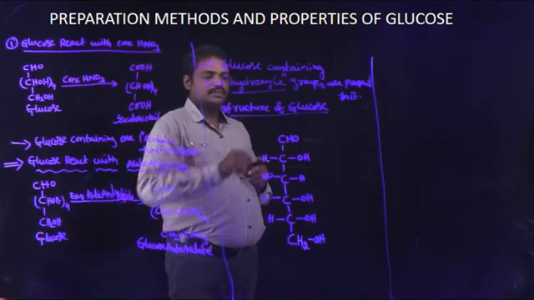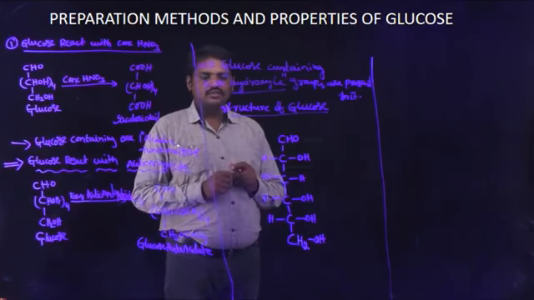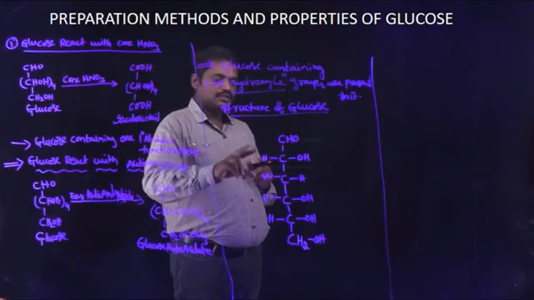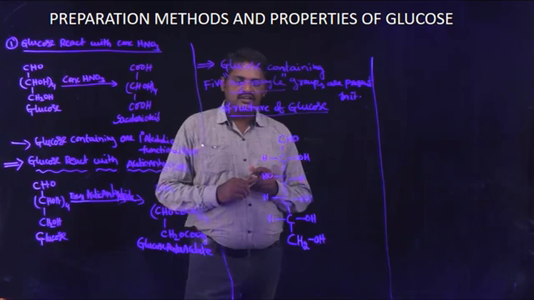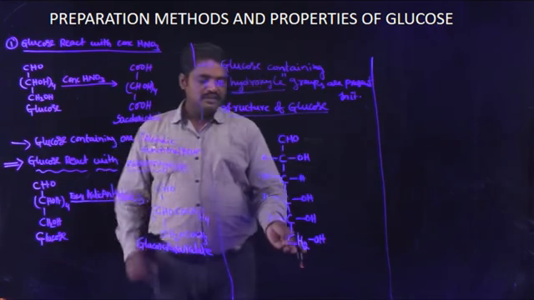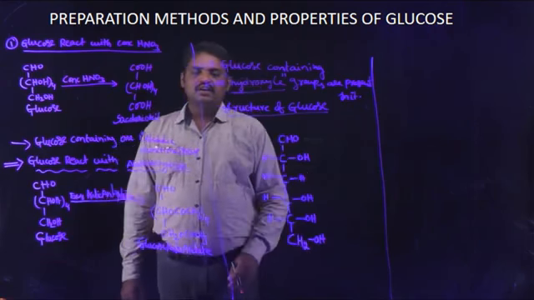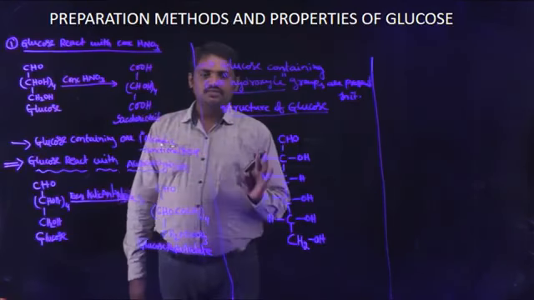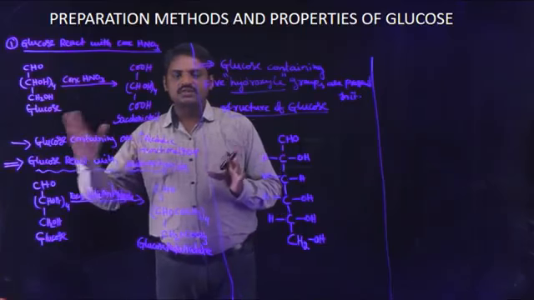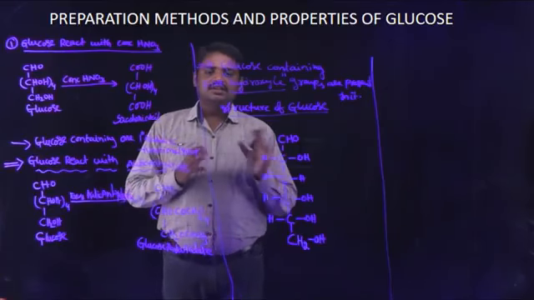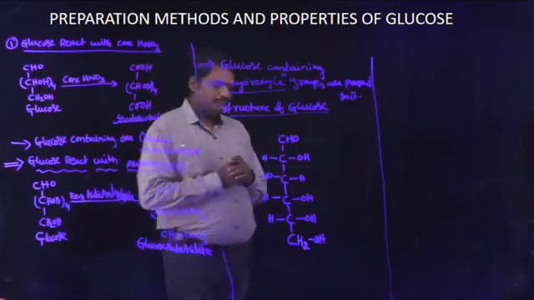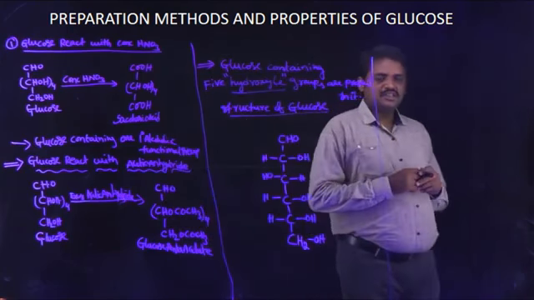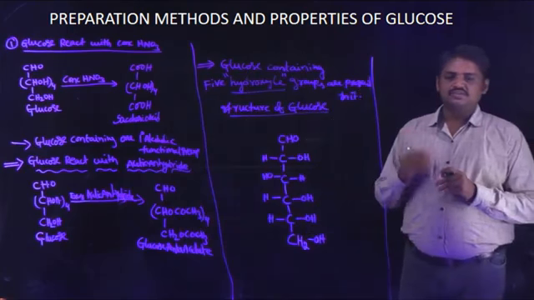The first carbon forms the aldehyde group, 4 carbons are connected to secondary alcoholic groups, and the last carbon is a primary alcoholic group. Finally, on the basis of chemical properties, this is the structure of glucose. Now, I am going to discuss some of the special points of glucose.